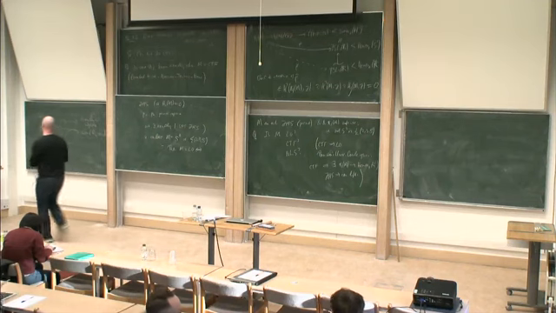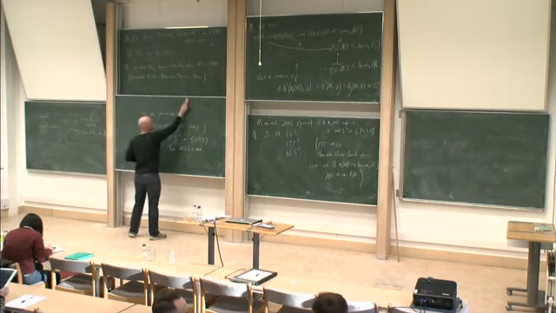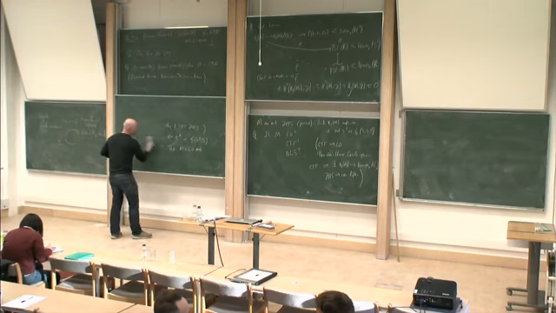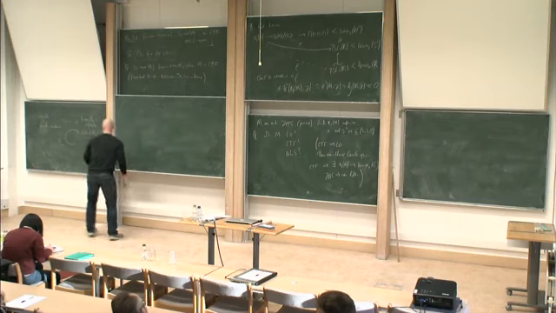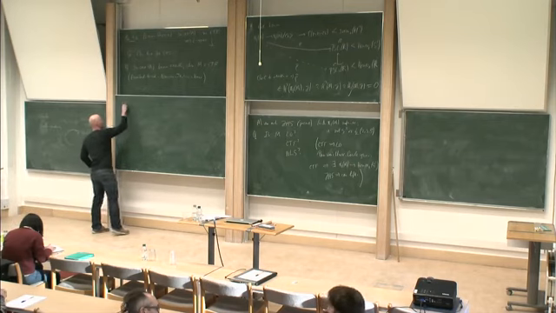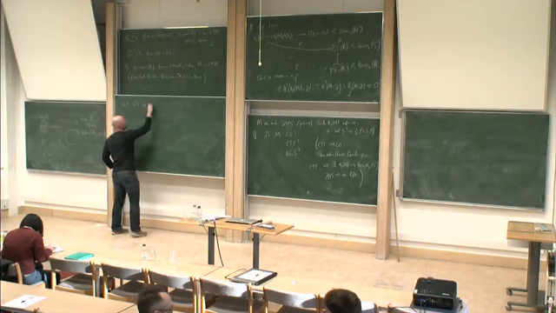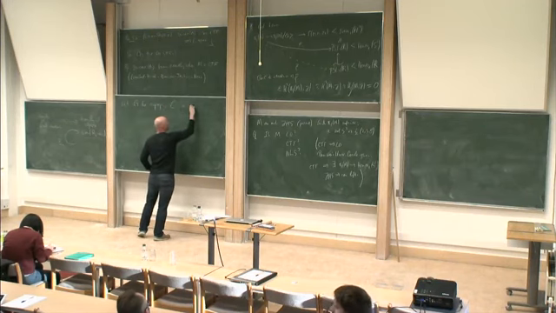Okay, so let me tell you what I mean by an action of a group on a category, because there are several things that one can mean, and they're all important. So let G be a group, and C a category.